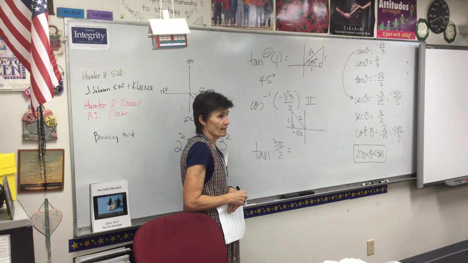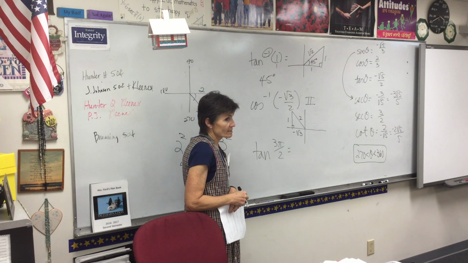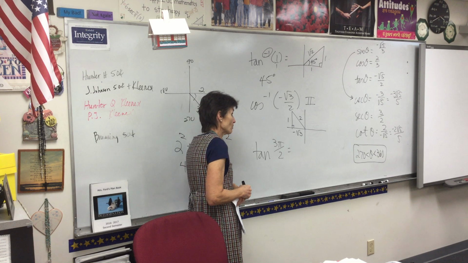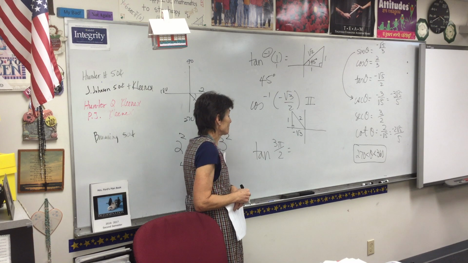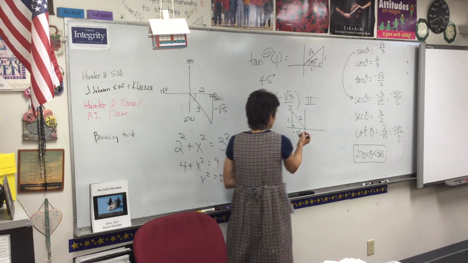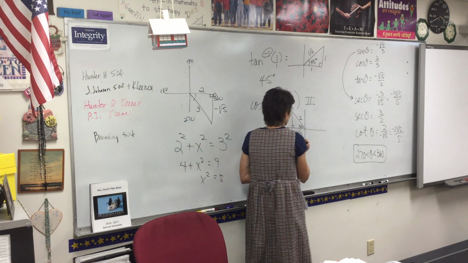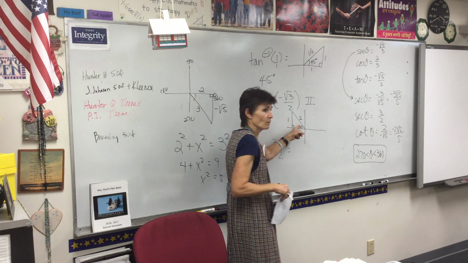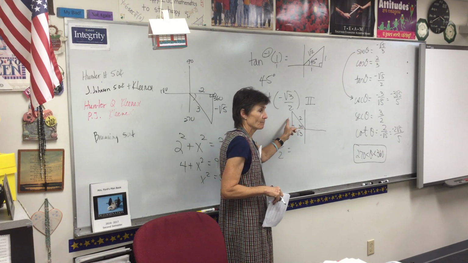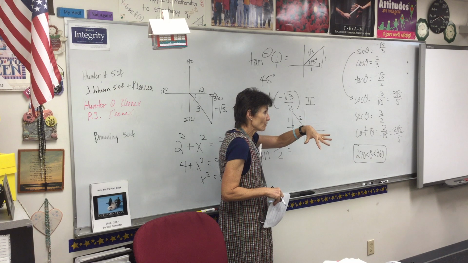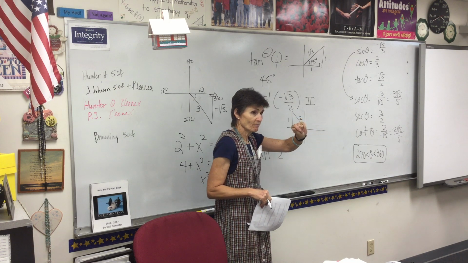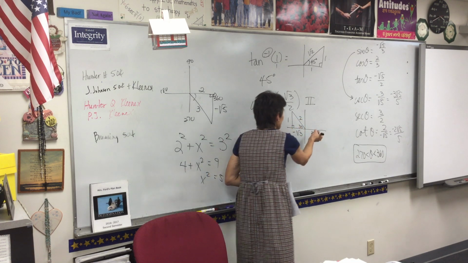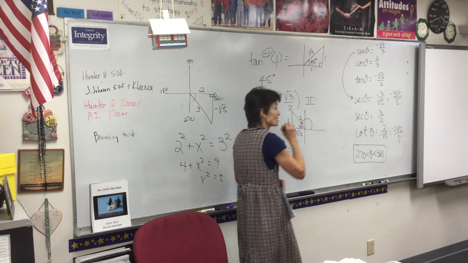It's a 30, 60, 90 triangle. If you want to do the Pythagorean Theorem, you can, but it's going to come out to be 1. How big is this angle then? 30. But if you put 30 as the answer, I'm going to have to take off some points because the answer is actually this one.